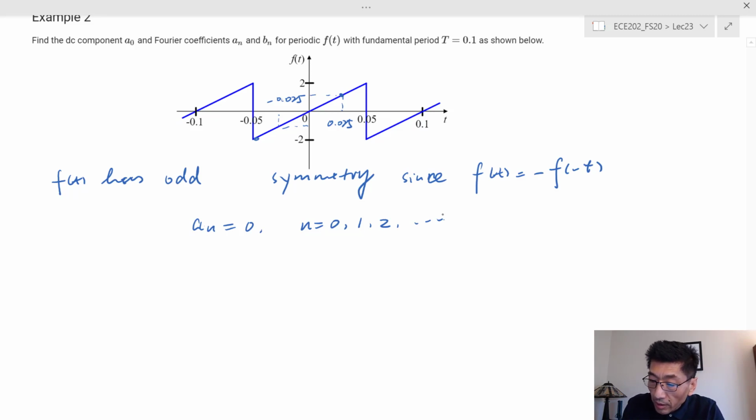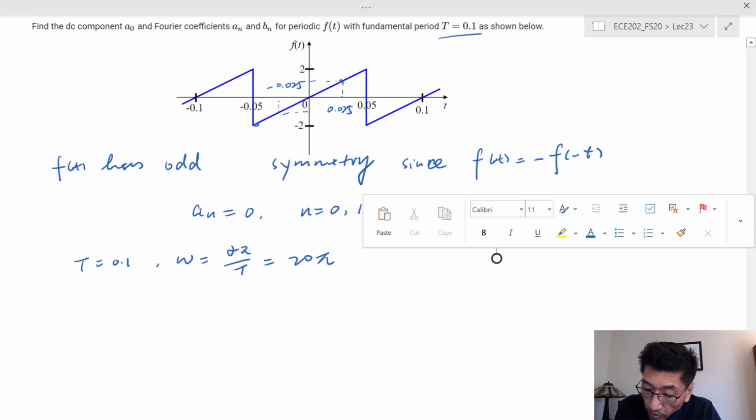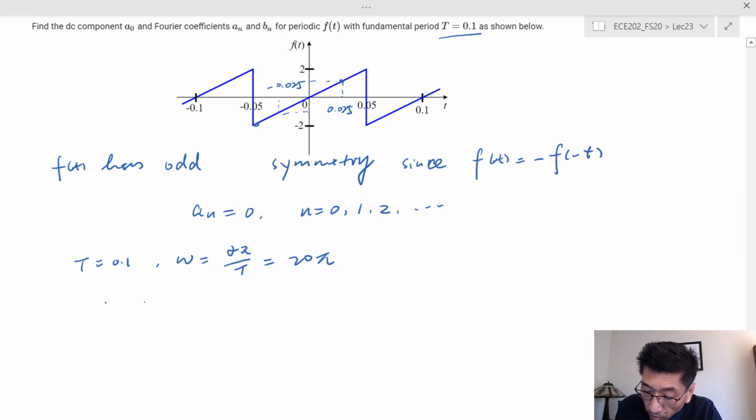So let's see the waveform. This has T equal 0.1, and therefore omega is 2 pi over T, that's equal 20 pi. We're going to integrate over the period from negative 0.05 to 0.05.